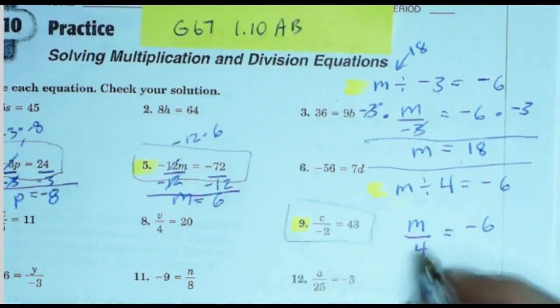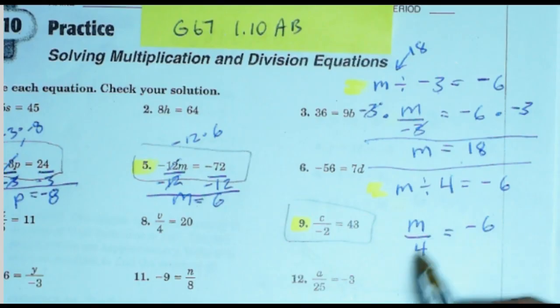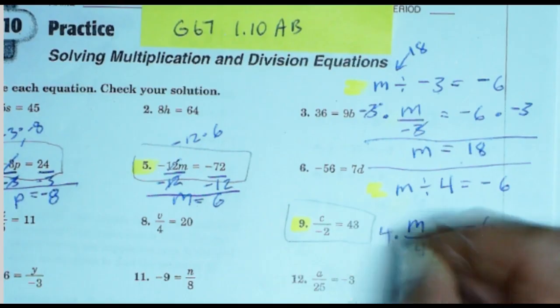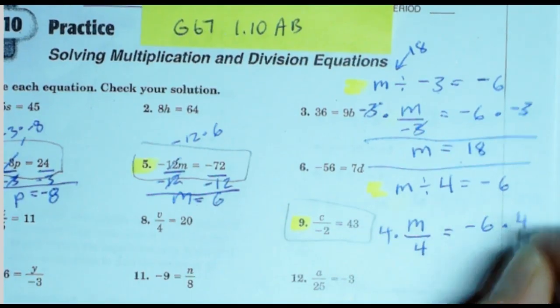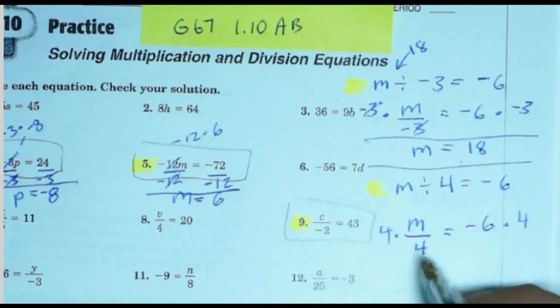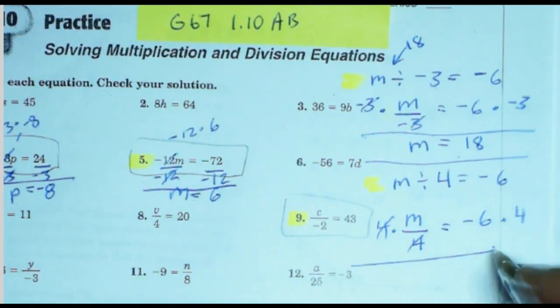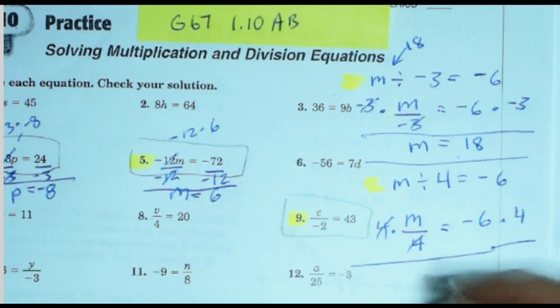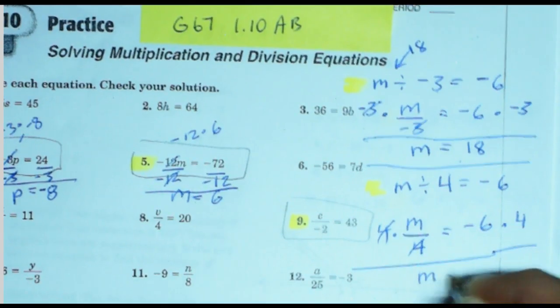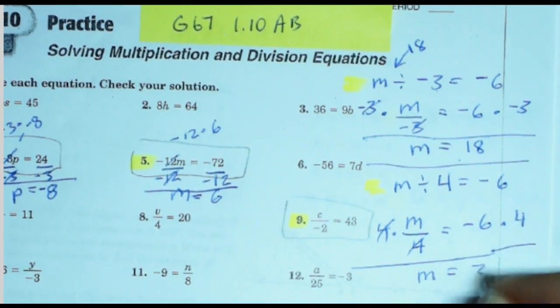Now we've got m divided by 4. We've got to get rid of this 4 in the denominator. This is really like 1/4 m. So I'm going to go ahead and multiply by 4 on both sides. And again, we're multiplying by a positive 4 this time because that 4 is positive. These guys are going to cross off. Let me rewrite this in a different form. We've got the m isolated, and it equals, well, 6 times 4 is 24.